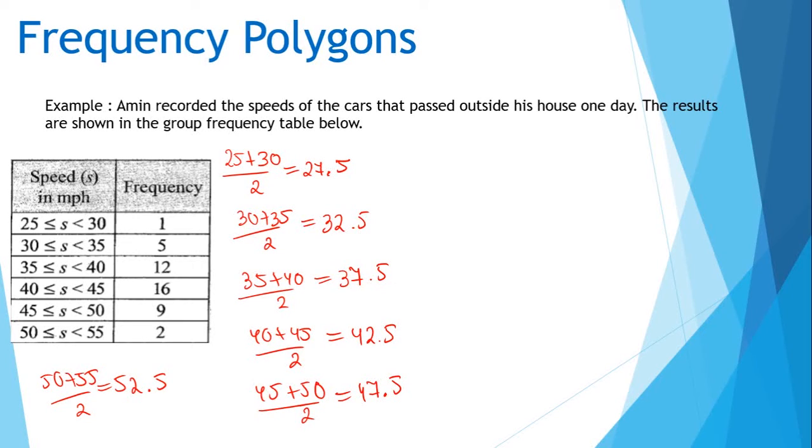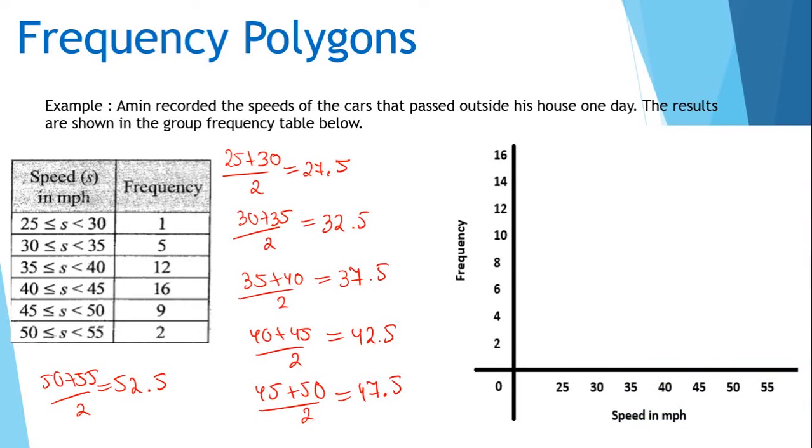Then, for each class, plot the frequency at the midpoint. For example, 27.5 is approximately here, and the frequency is 1. So we put this point.